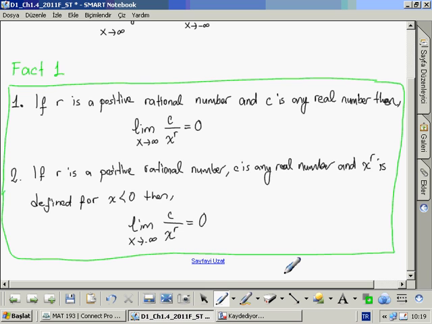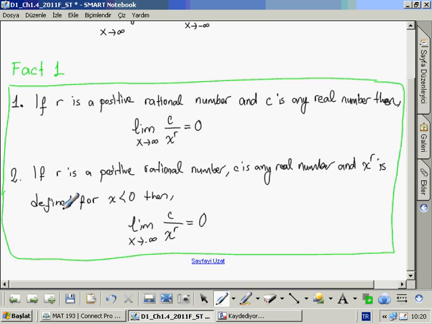The second part of the fact is nearly identical, except we need to worry about x to the power of r being defined for negative x. This condition is here to avoid cases such as r equals 1 over 2, where we would be taking the square root of negative numbers, which should be complex, and we want to avoid that at this level.